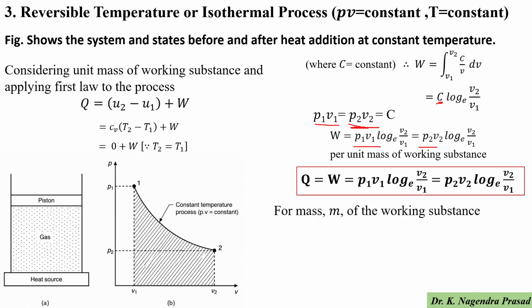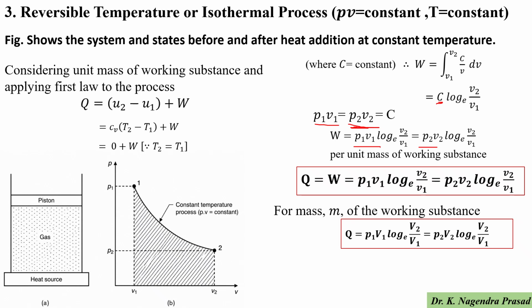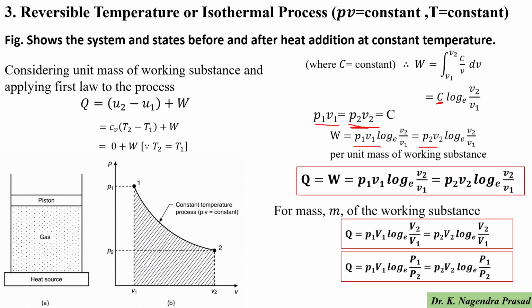So for mass m of the working substance, we can write this equation: Q equals W equals P1 V1, where capital V1 is a total volume, not a specific volume, log base e V2 divided by V1, which is equal to P2 V2 log base e V2 divided by V1.